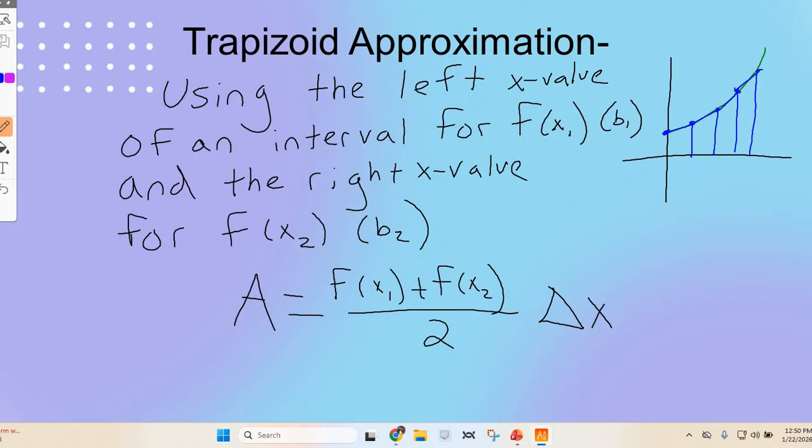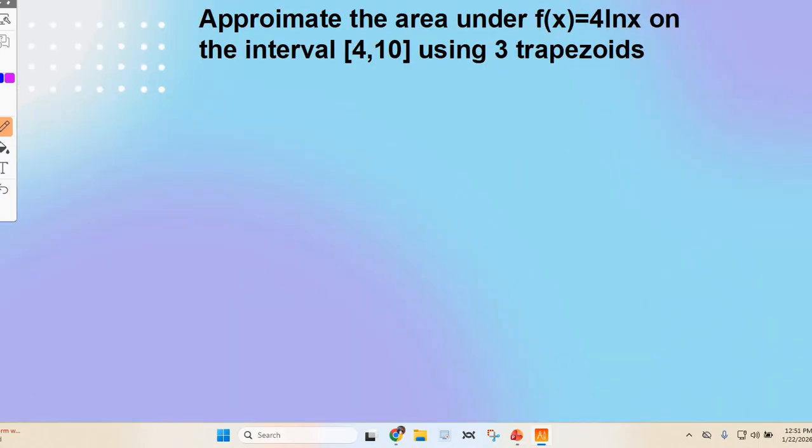Alright. So let's plug in the example. Approximate the area under f of x equals 4 natural log of x on the interval 4 to 10 using 3 trapezoids. So what function are we using? 4 natural log of x. Then we need to decide on our widths.